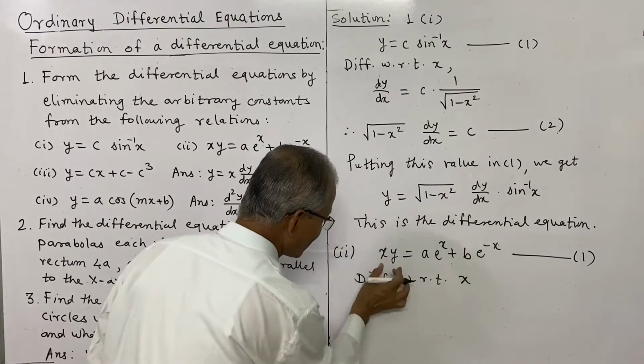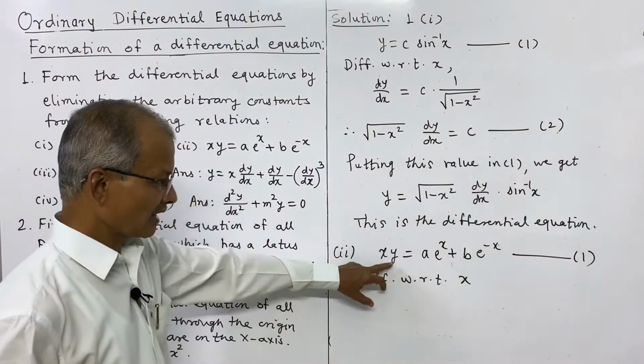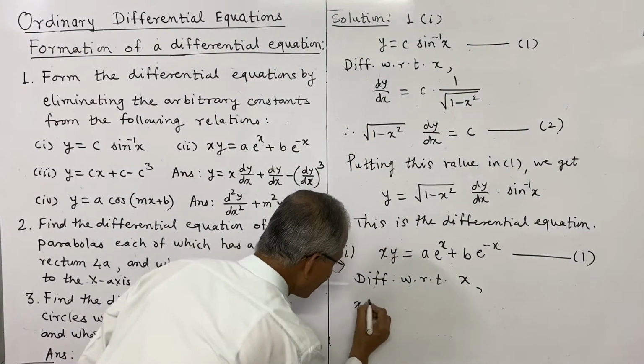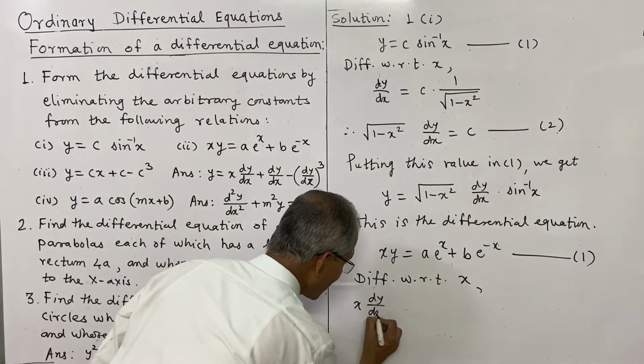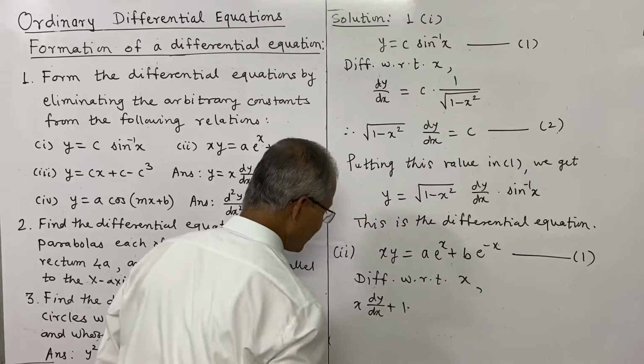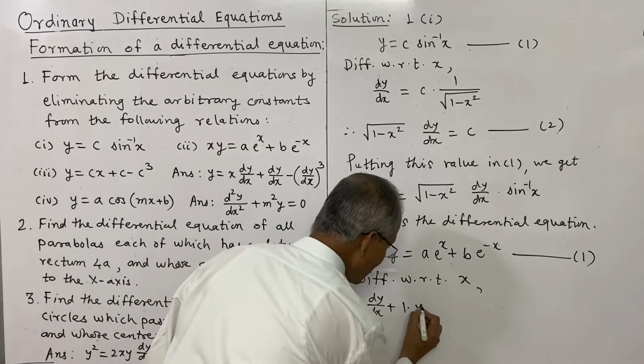Now for the derivative of the left side we have to use the product rule. It is x into y, so that gives x dy/dx plus the derivative of x, which is 1, into y, and y as it is.